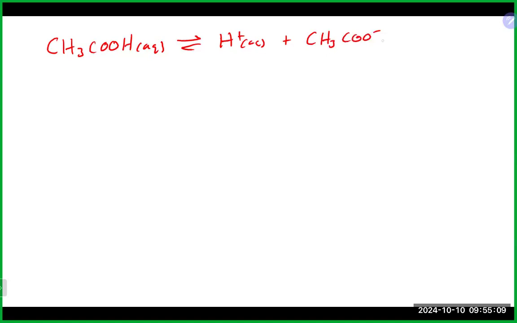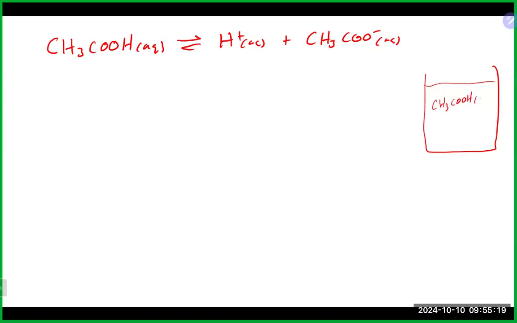So for example, if we had acetic acid, which is a weak acid, when it's in solution, it will break apart into H plus and acetate. So again, in solution, you basically have that equilibrium being set up, with the acetic acid floating around.